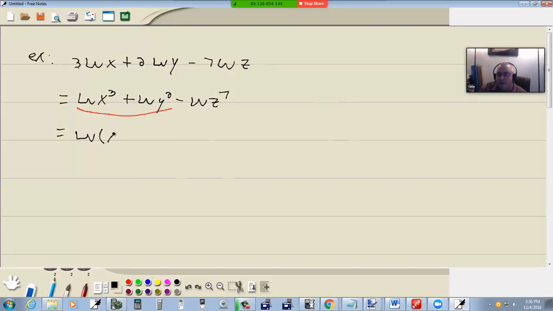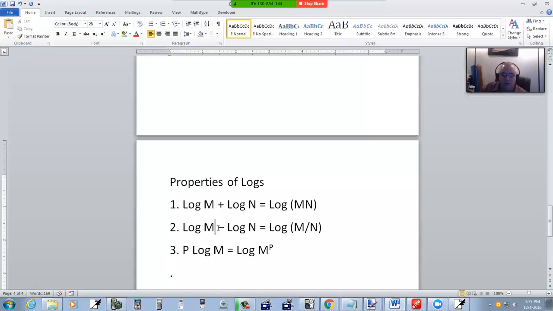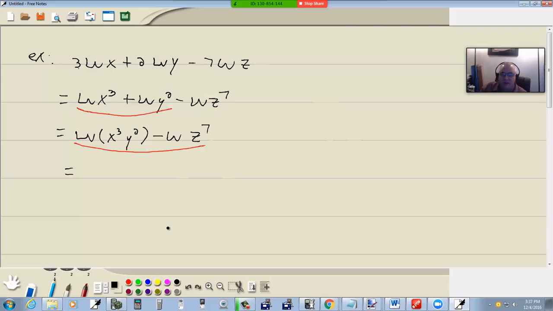So this is natural log of x to the third y squared minus natural log of z to the 7th. Now we have log of something minus log of something. And subtraction from property 2 becomes division. So this becomes natural log of x to the third y squared over z to the 7th. And that would be our answer.